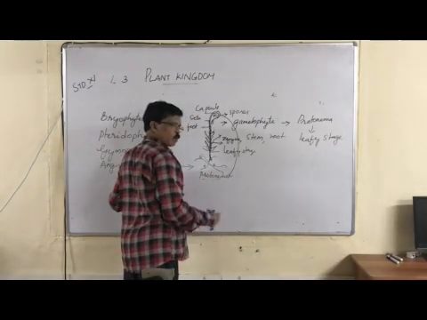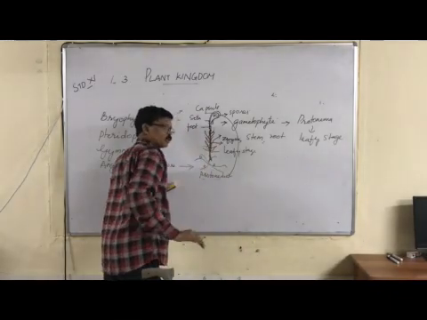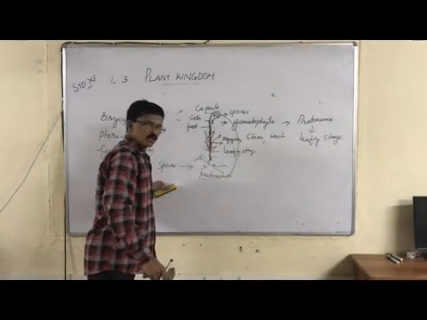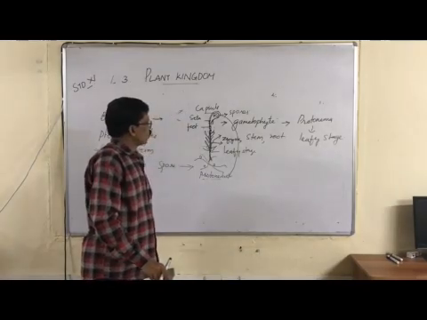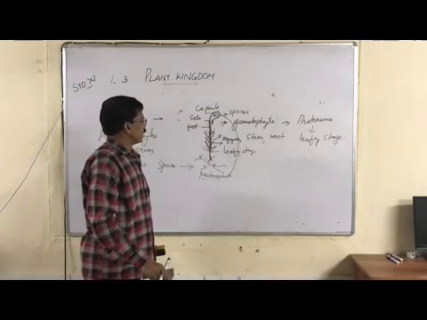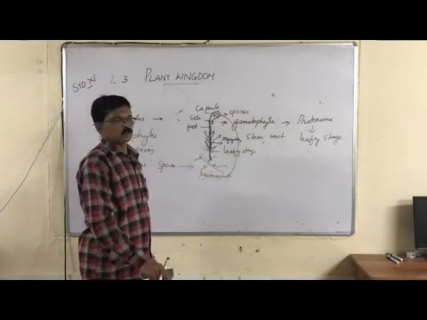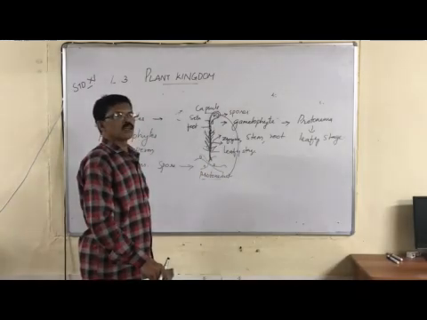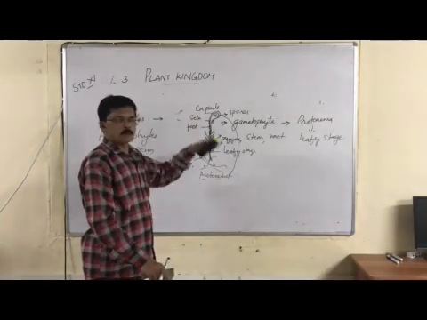Again protonema produces buds that germinate to form the leafy stage. The leafy stage produces antheridia and archegonia, which produce male and female gametes. They fuse to form the zygote. The zygote grows into the sporophyte. So in this life cycle the gametophyte gives rise to the sporophyte. That is what is called alternation of gametophytic and sporophytic generation.